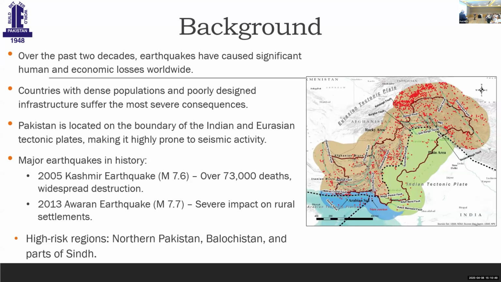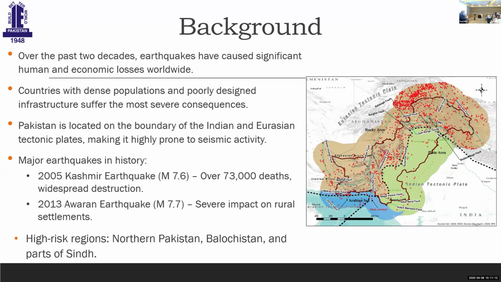Similarly, if you look at Pakistan, you can see that these red dots are the seismicity of Pakistan, and you can imagine how many earthquakes have taken place over the last 200 years. Pakistan is divided between the Eurasian and the Arabian plate, and the Eurasian and the Indian plate, and this plate tectonic boundary on the eastern side also passes through Myanmar.